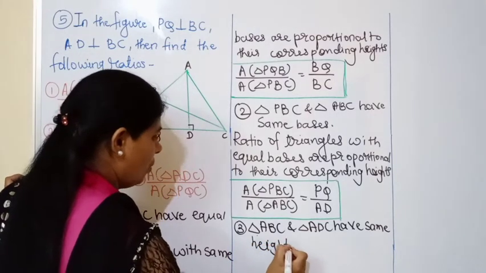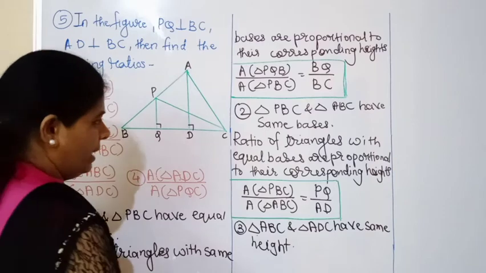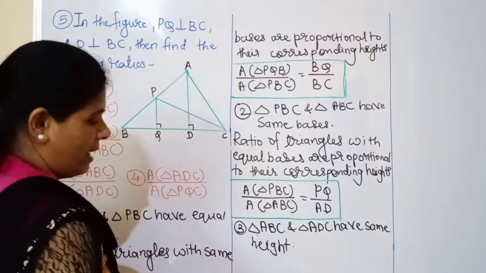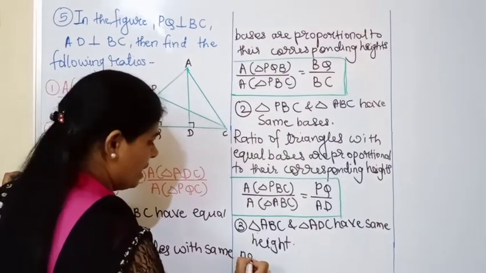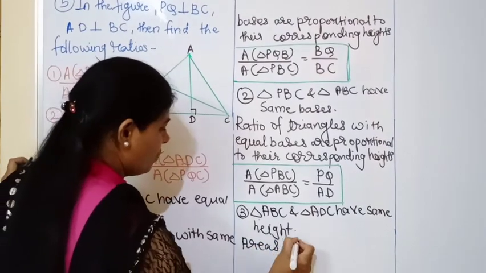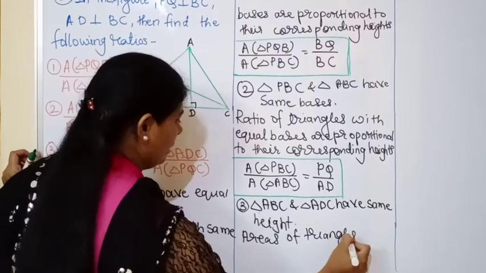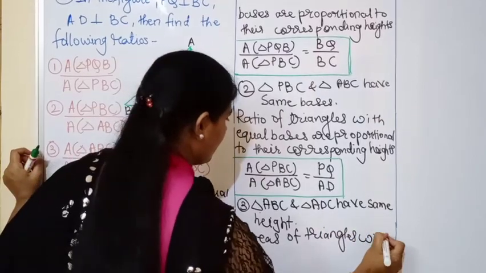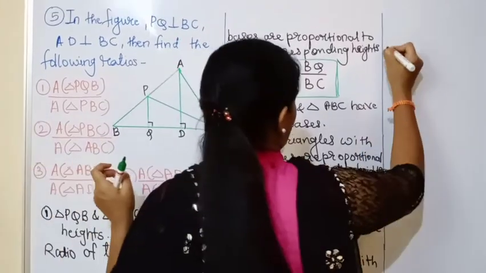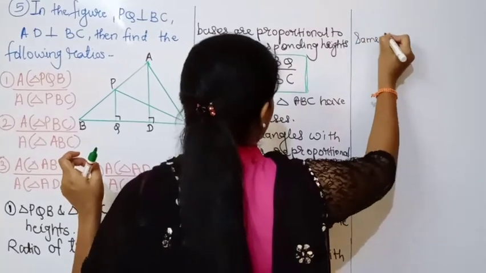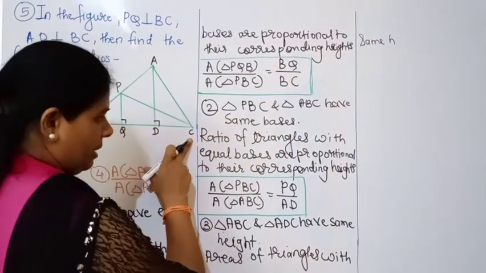So now we are going to write the statement: the areas of triangles with same bases. Sorry, same heights. Areas of triangles with same heights. We can write this statement in this way also.